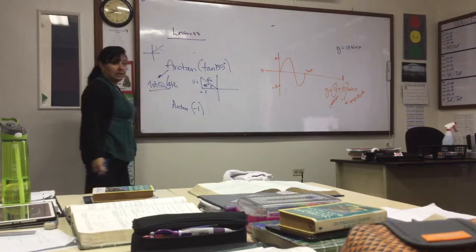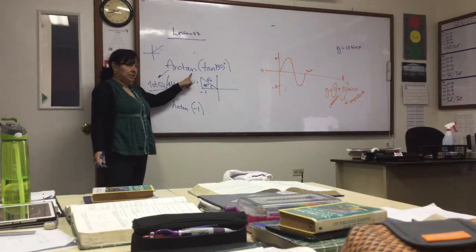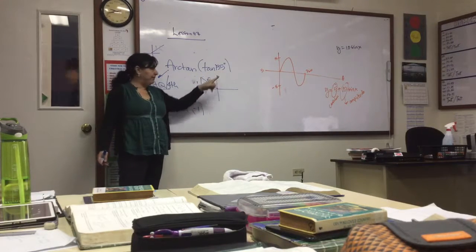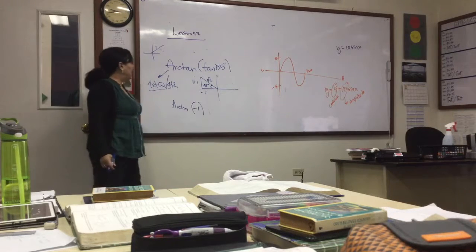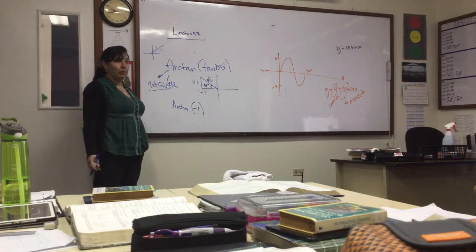Would you agree? Why is it arc tangent of negative 1? Because I just copy arc tangent, and the tangent of 135 is negative 1. Now, where is the arc tangent of negative 1?